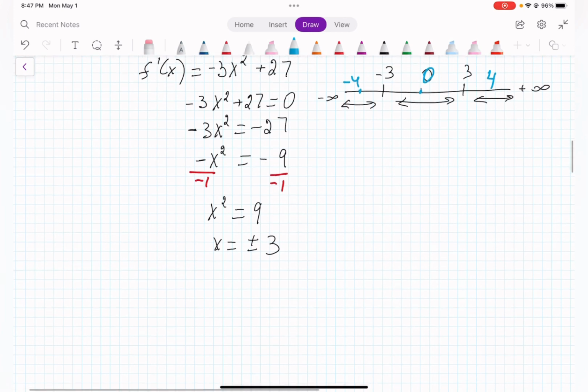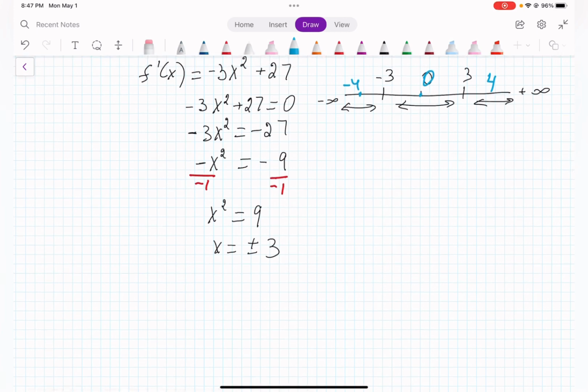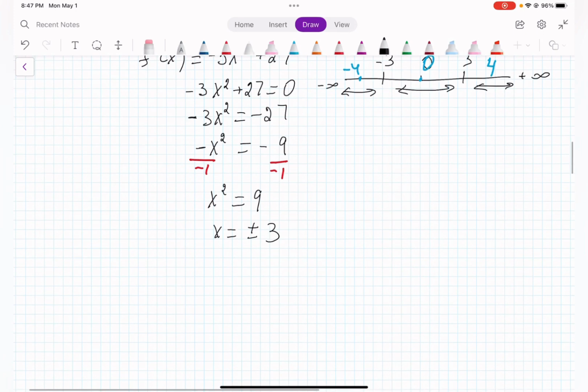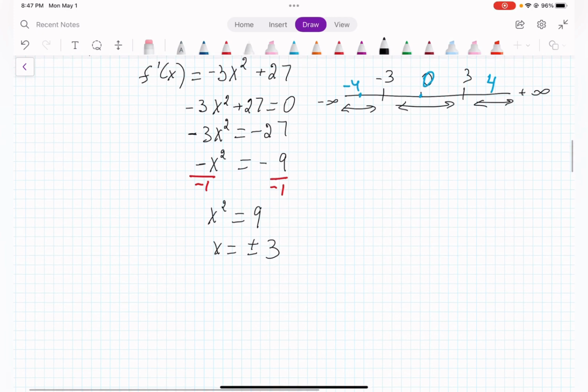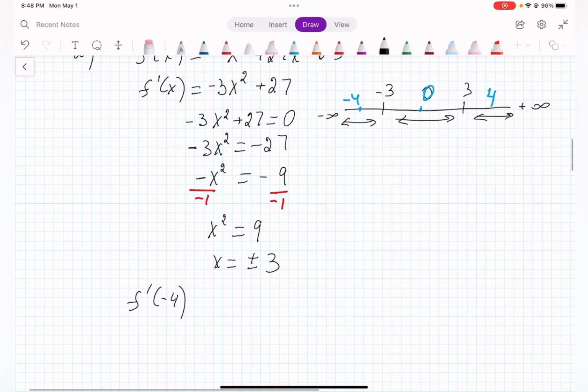And let's see what we are getting here. Since we want to know if we have relative maximum or minimum, we are going to work with the derivative, correct? So I'm going to test the derivative for -4, for 0, and +4. So f prime of -4, where our derivative is -3x squared plus 27.